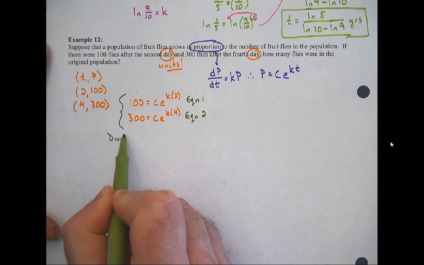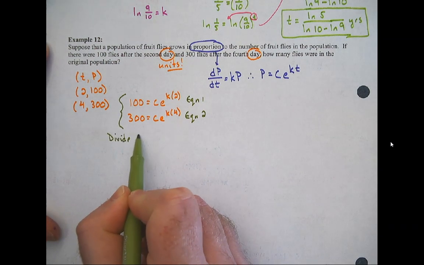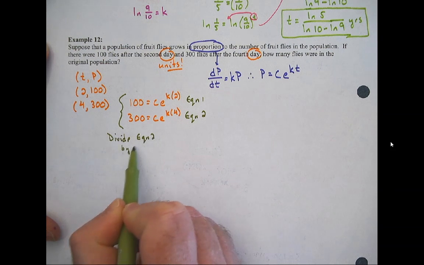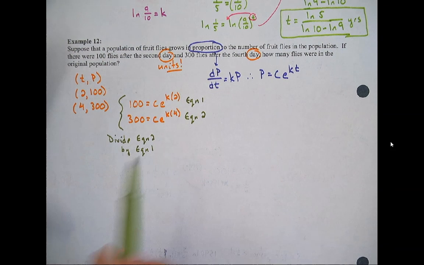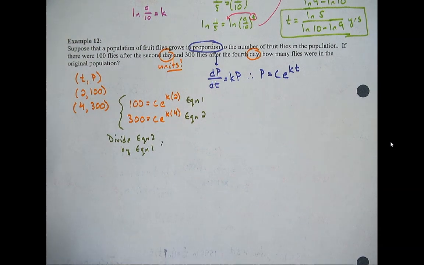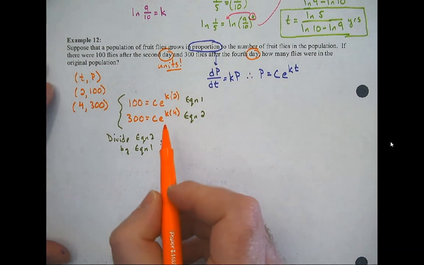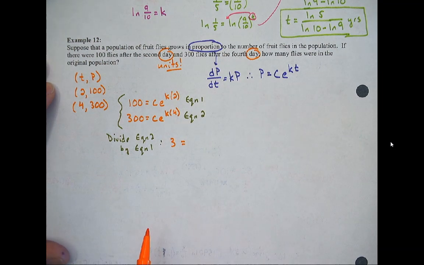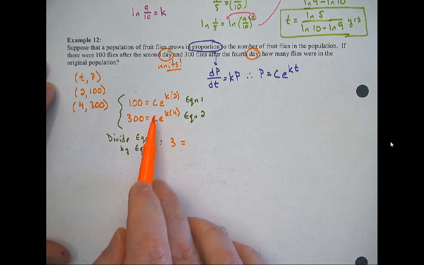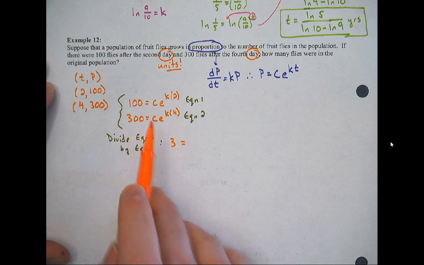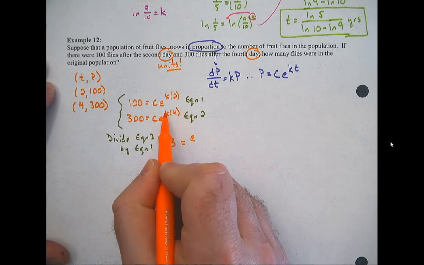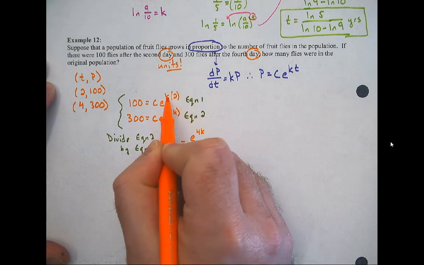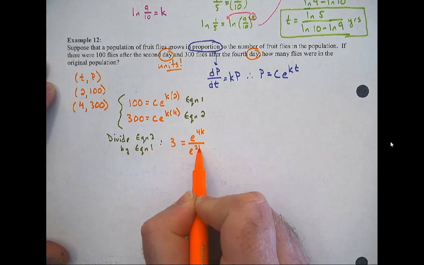Divide equation 2 by equation 1. So that's going to look like 300 divided by 100 is 3. C divided by C is going to cancel, and then I'm going to have e to the 4k divided by e to the 2k.